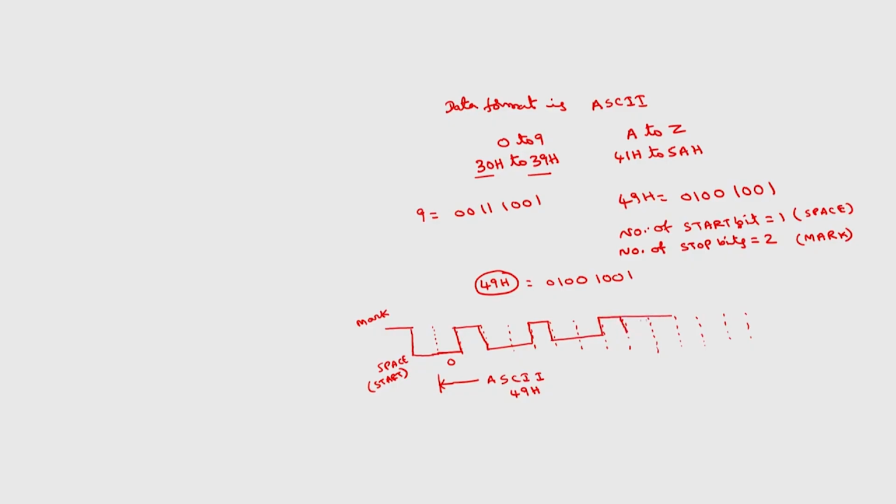So, this is still on, both are on. 1 0 0 1, up to here the ASCII character ends, but these two are stop bits.